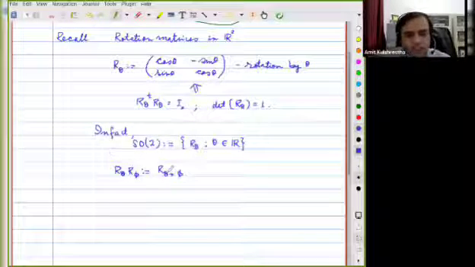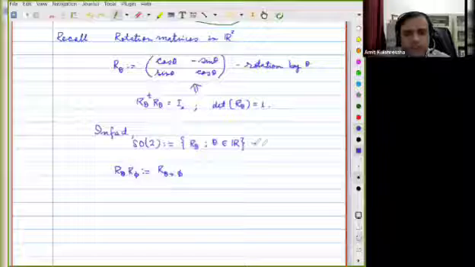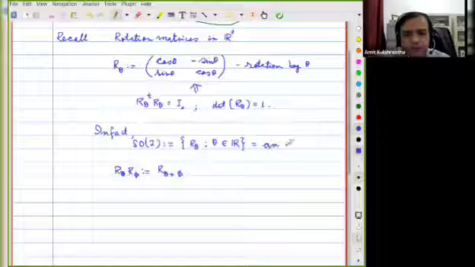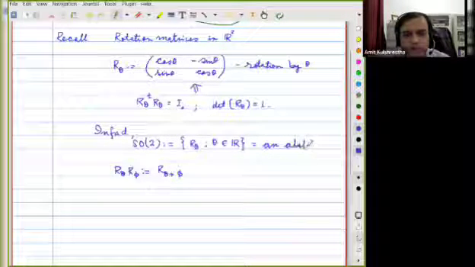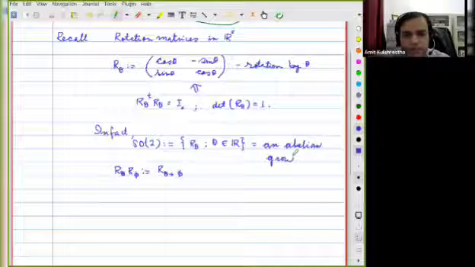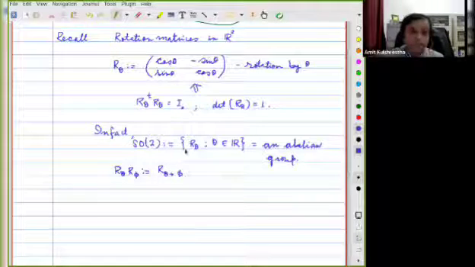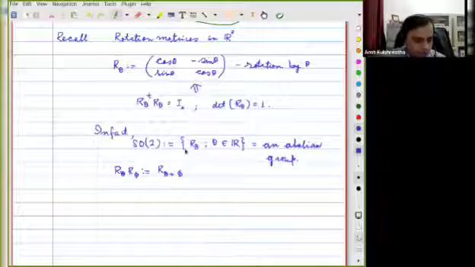So the answer is r theta plus phi, and this addition is an abelian operation. So this is actually an abelian group. There is no doubt on that. It's an abelian group because rotations in R2 commute.